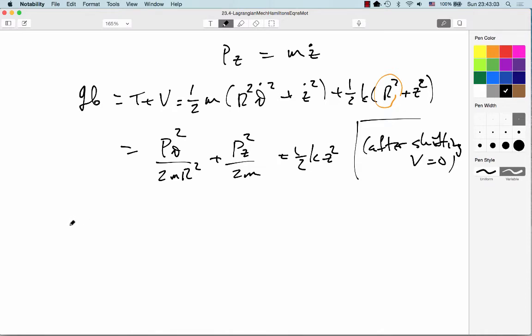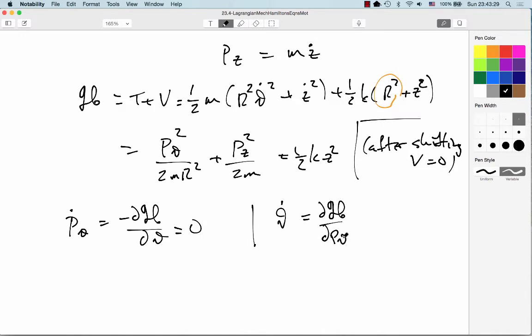So we'll do our p theta dot equals minus partial h partial theta. Well, that's 0, so it's not too useful. And then our other one will be theta dot equals partial h partial p theta.